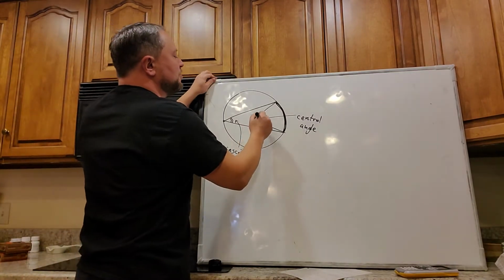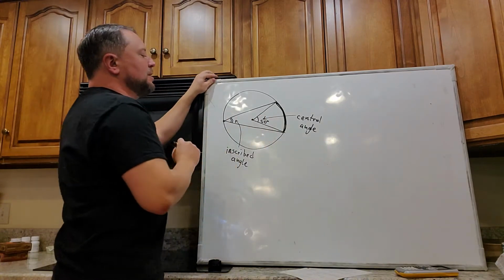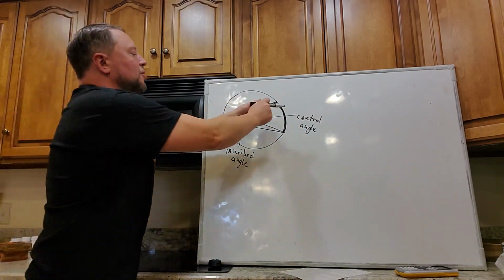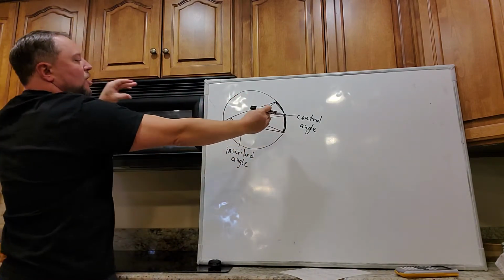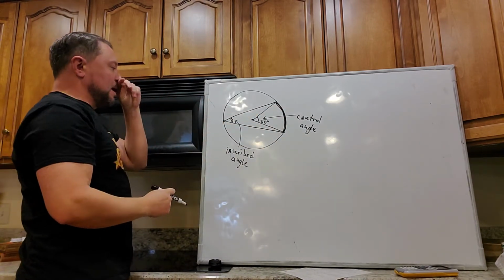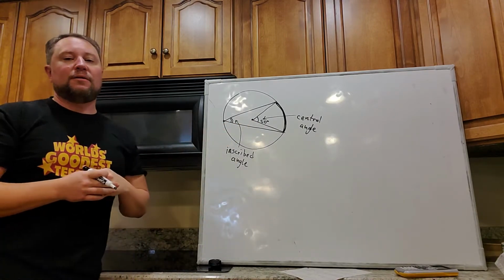For example, in this picture, if the central angle is, let's say, 50 degrees, the further back you pull on this, the smaller and smaller that angle starts to get. So this angle, you might have figured out already, is smaller than 50.